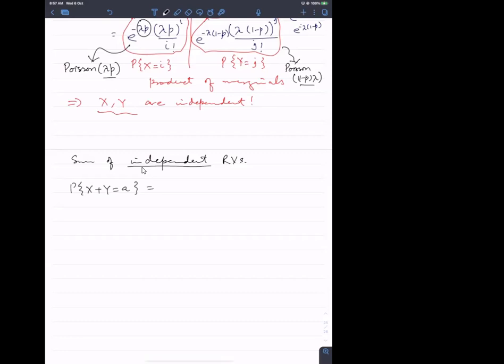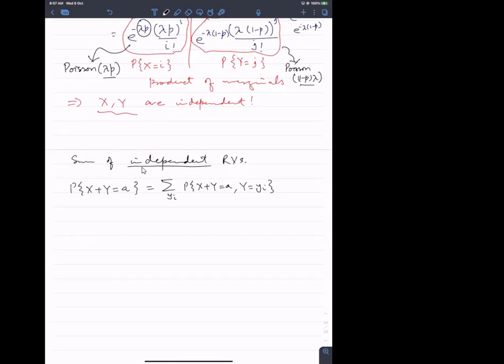So I can write it by using the law of total probability. This is equal to the summation over yi of the probability that X plus Y is equal to a and Y taking a value yi, summed over all y's.